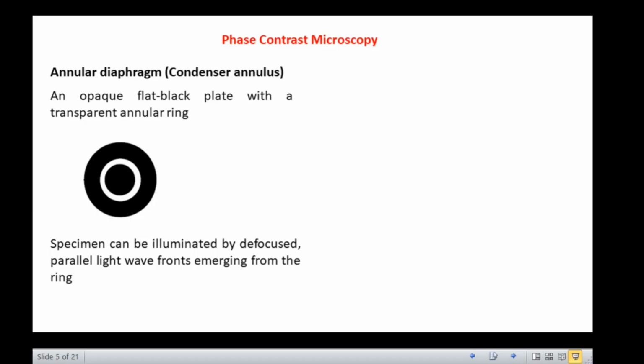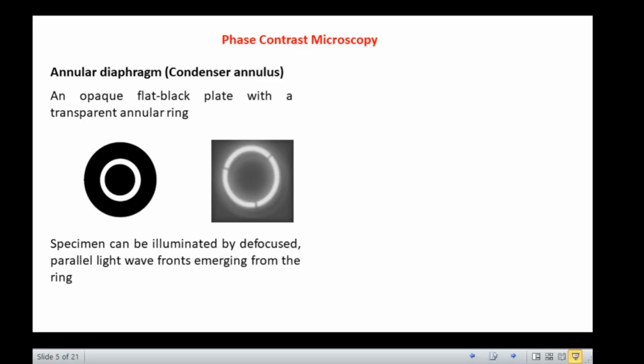As the hollow cone of light from the annulus passes through the specimen undeviated, it arrives at the rear focal plane of the objective in the shape of a ring of light. The fainter light diffracted by the specimen is spread over the rear focal plane of the objective. To speed up the direct undeviated zeroth order light, a phase plate is installed with a ring-shaped phase shifting plate attached to it at the rear focal plane of the objective.